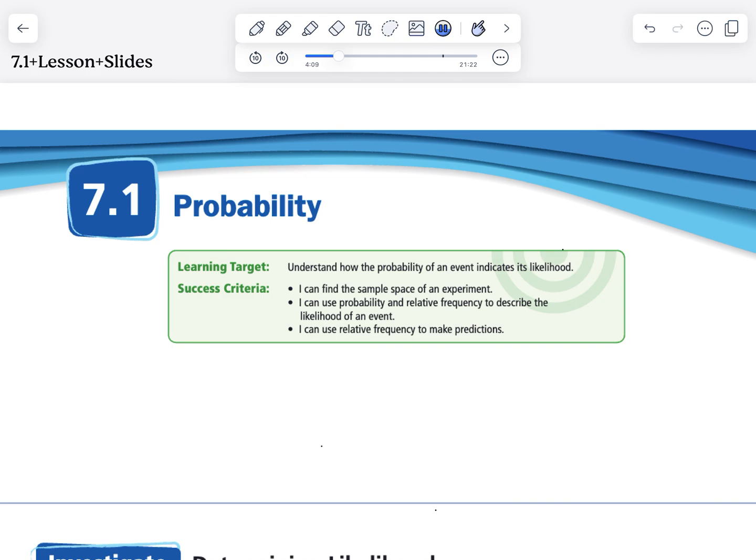So if we look over at the side here, we would see that we have our spinner, and we have a 1, a 2, a 1, a 3, a 4, and a 1. So we would say that our sample space is the set of all possible outcomes. That would be highlighted here: 1, 2, 1, 3, 4, and 1. So that tells us that there are 6 possible outcomes.